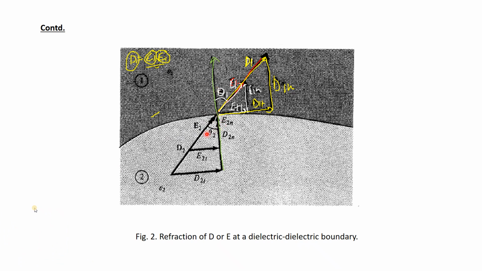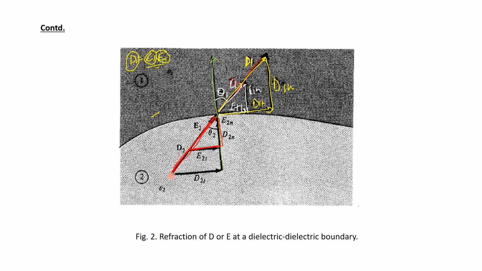Theta 1 is the angle with the normal, and this is coming to medium 2. Now talking about medium 2. Medium 2 has an electric field intensity of this length, from here to here. So the normal component will be this one, and the tangential will be along the horizontal, this one.